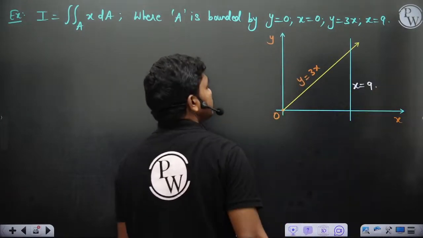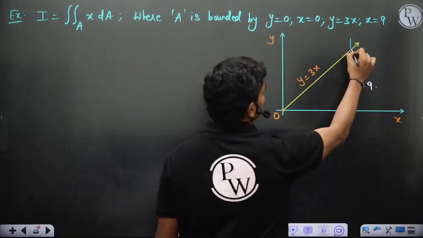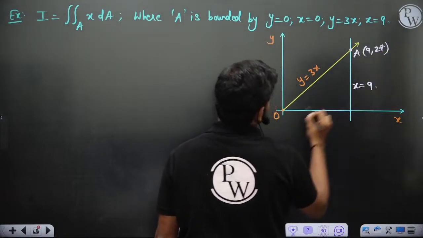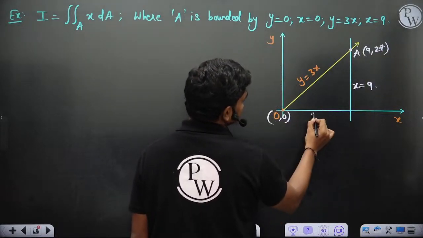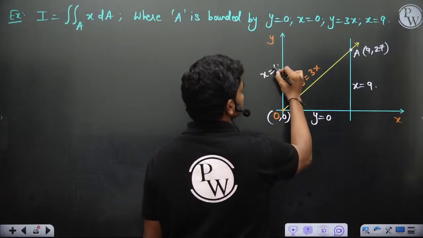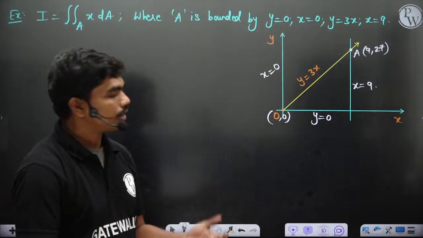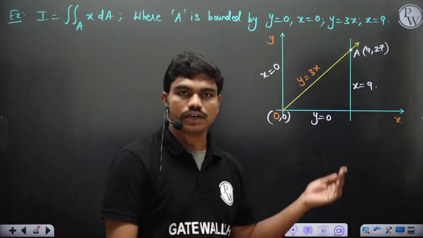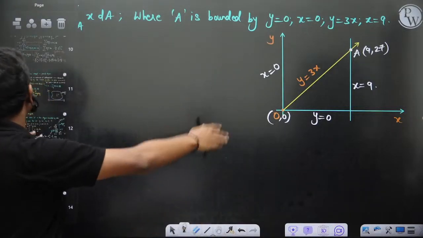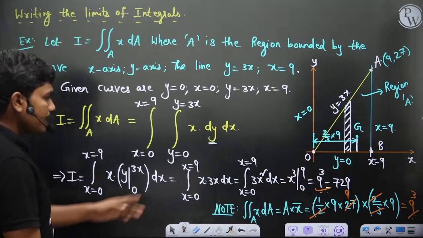This point A is as usual 9 comma 27, and this is the origin, where y is equal to 0 and x is equal to 0. We solved this question by taking y as the first variable of integration, and we got the answer to be 729, 9 cubed, yes, 729.